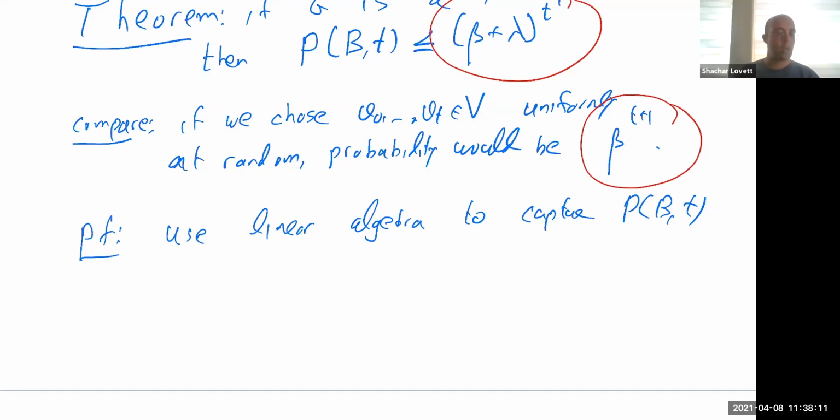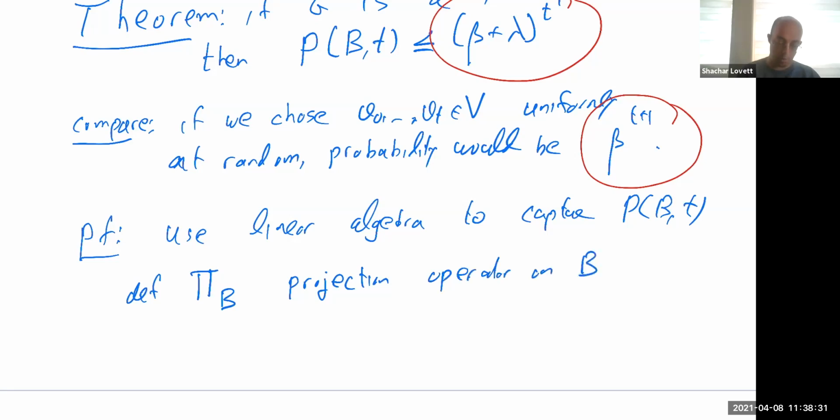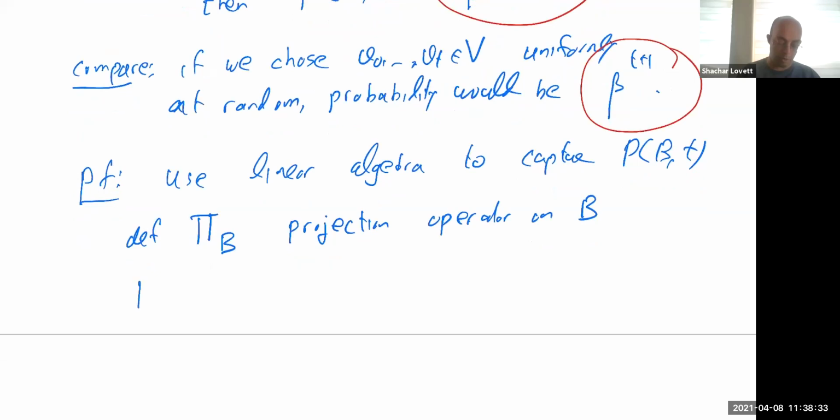Well, first, I need to make one definition. Define pi b to be the projection operator on B. What do I mean? I mean, it's a matrix, and its VW coordinate is going to be either 1 or 0.